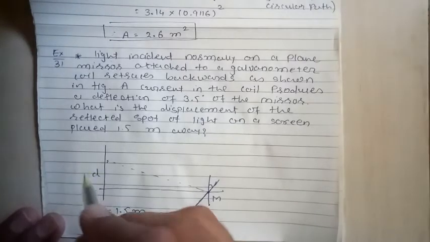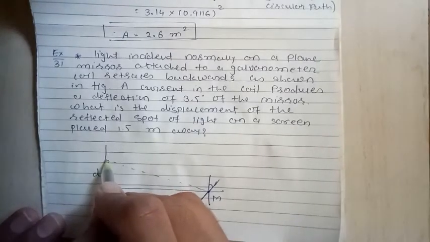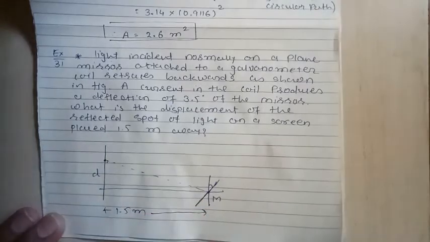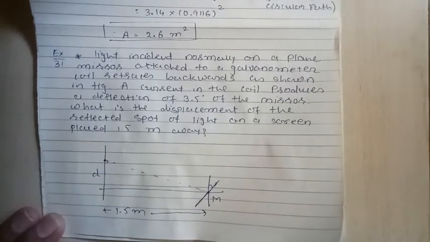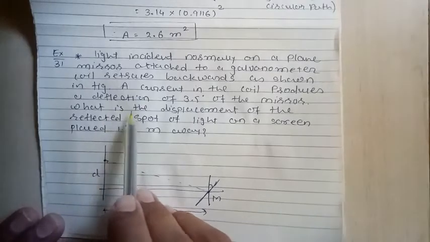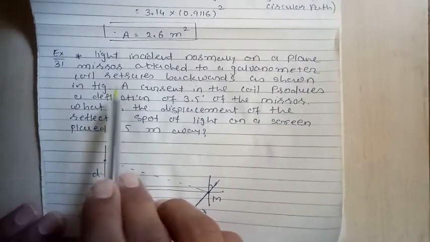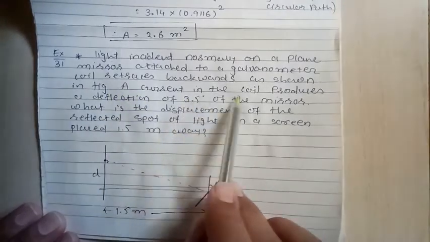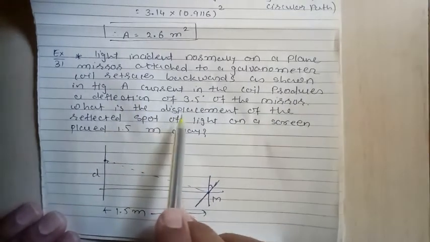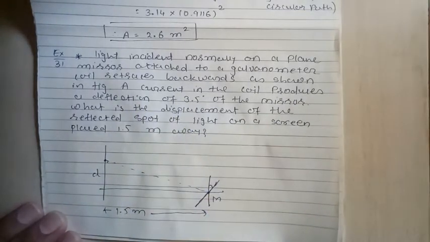So this point is the deflection. So here, friends, a current in a coil produces a deflection of 3.5 degree.